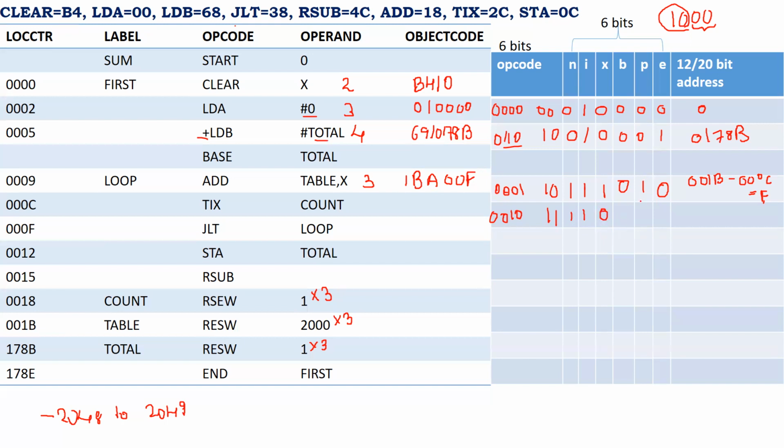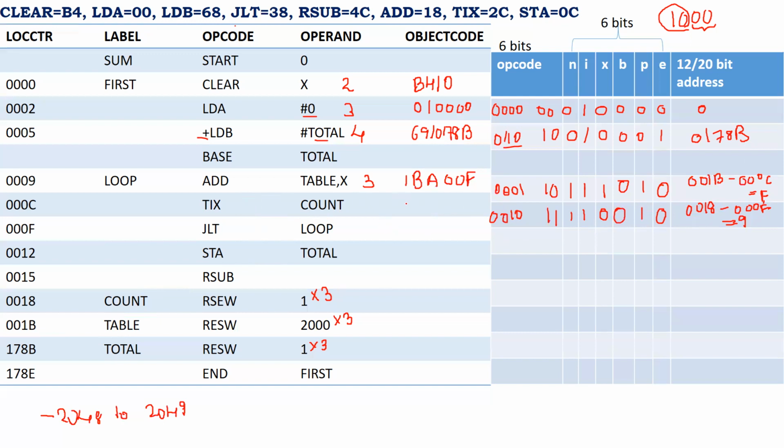We need to decide whether it is B or P. It is in format 3, that's why E is 0. The location counter is 0018. 0018 minus the next instruction, that is 000F, is equal to 9. So this tells it is PC addressing mode.